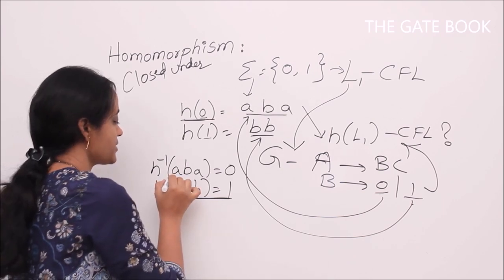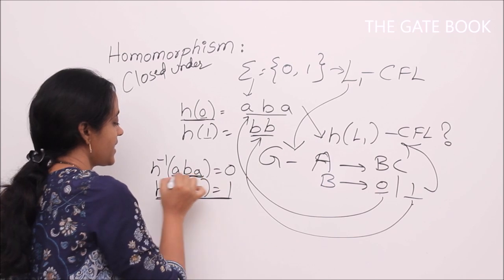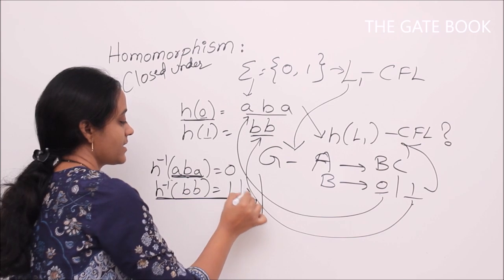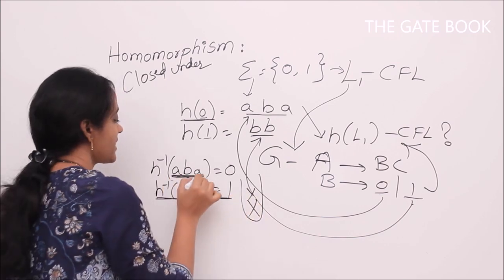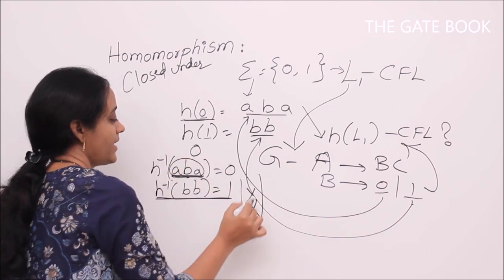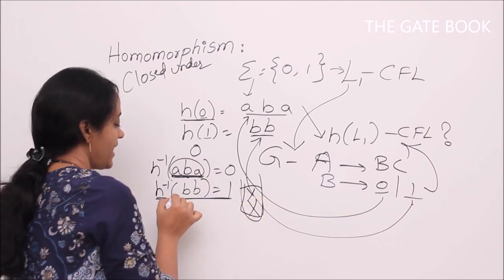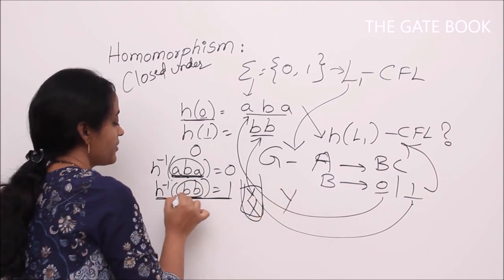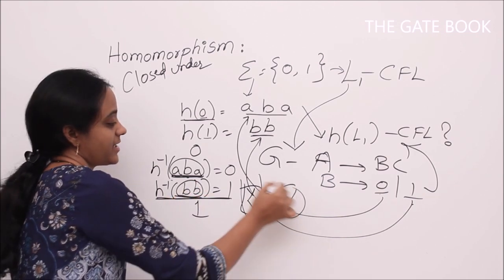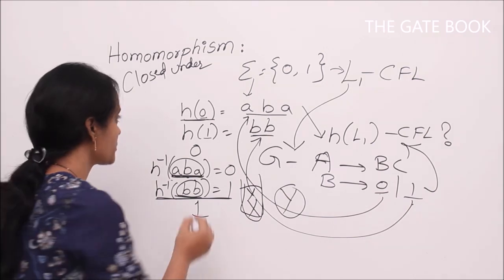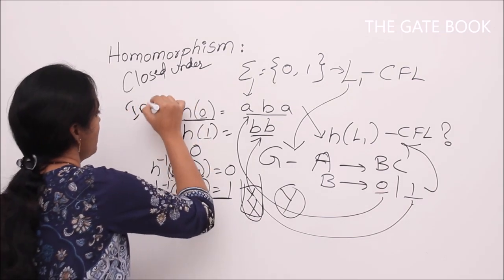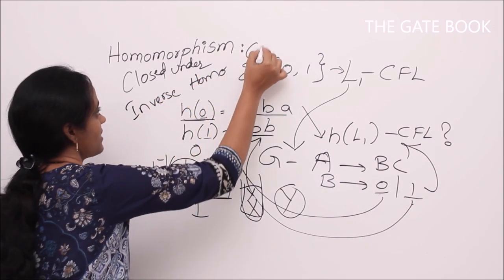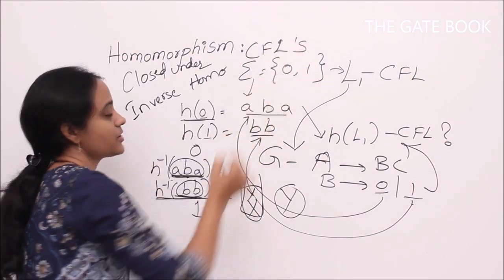In the PDA, assume that there are moves which accept ABA and push something in the stack. Assume that it is XY, then we replace that ABA with 0 and push the same symbol. Again for BB, assume we are pushing or popping something. Then for BB, we replace that with 1 and we will not change anything in the stack. In that way, we can prove that they are closed under homomorphism and inverse homomorphism. So CFLs are closed under both of those operations.